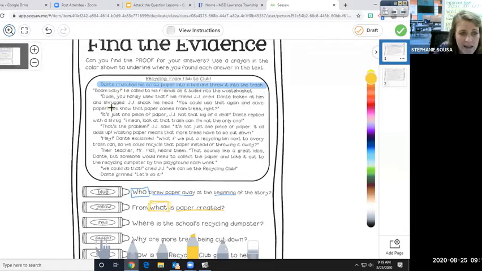Ooh, comes from. I know that that means created. I'm going to highlight what his friend JJ said here. You know that paper comes from trees, right? So we have our answer. Our answer is trees. Comes from is another word for created. Okay, if I create something, it comes from me, right?